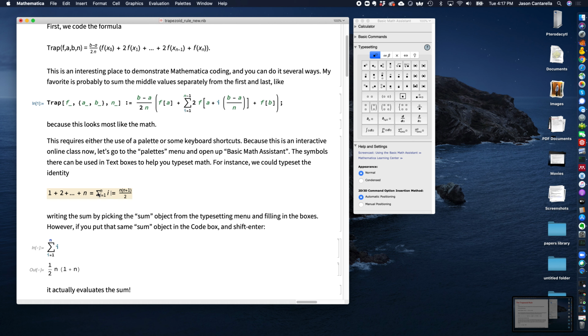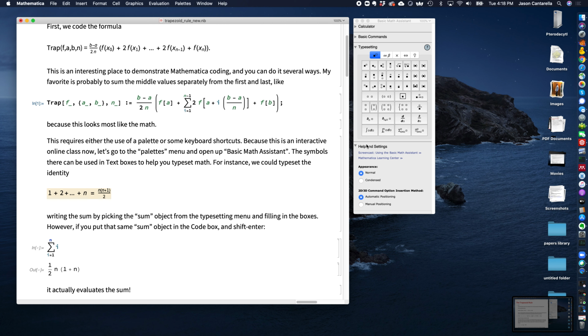Now I can definitely use these things as just typesetting, like equation editor in Word. For instance, if I have the sum 1 plus 2 plus 3 all the way up to n equals n times n plus 1 over 2, that's a formula you should maybe remember from 2250.